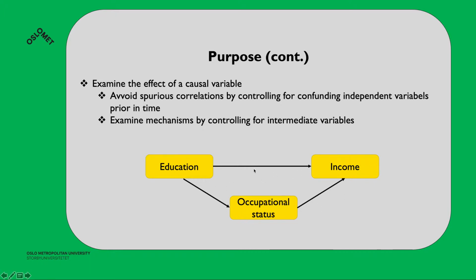So it's not a direct effect, so to speak. We use multiple regression analysis both to control for confounding variables because they come prior in time, but also for controlling for intermediate variables and for whether there is a potential mechanism.